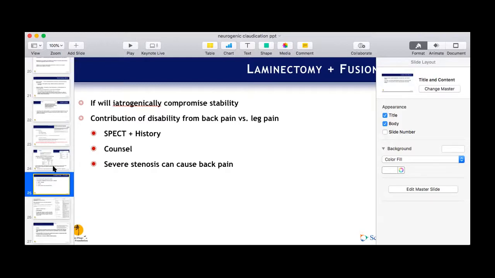Probably some of the better data is out of the Canadian realm. They did pretty large scale population studies on LAMIs or decompressions, and they found that 70 to 75% of people's back pain improved substantially. So it may not be as responsive as radicular pain or leg pain or sciatica, but it isn't unresponsive. It's just not as reliable.